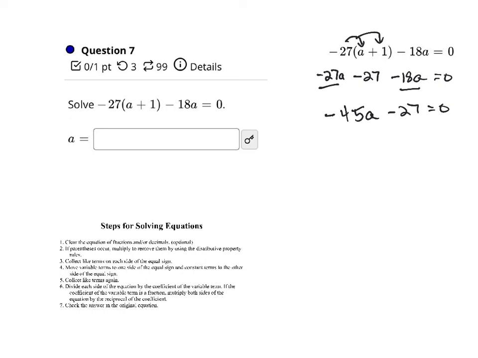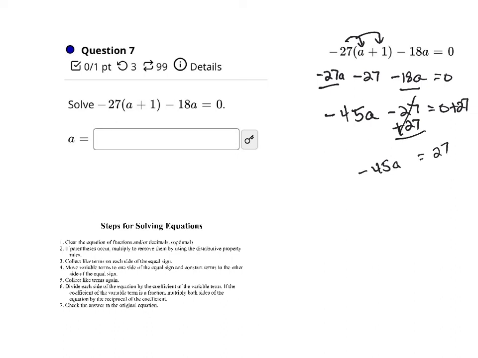So now we need to move the 27 over. The opposite of subtracting 27 is to add 27. So we're going to add 27 to both sides. So that leaves us negative 45a, this is gone, equals 27.